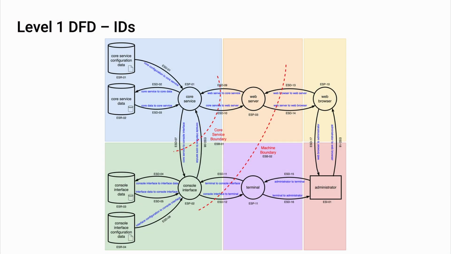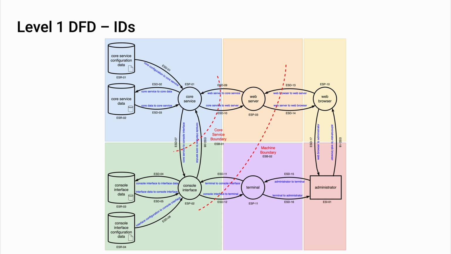So back to the level 1 DFD. We're going to apply IDs to everything. We have 5 entity types. They are resources, processes, interactors, boundaries, and data flows.